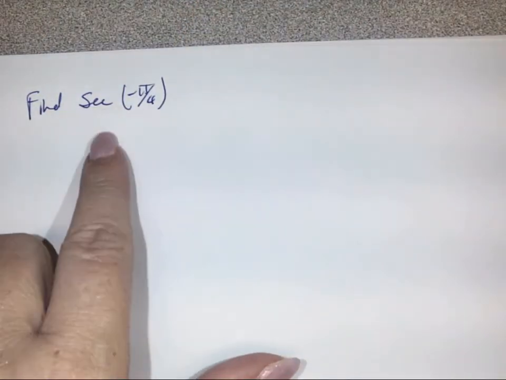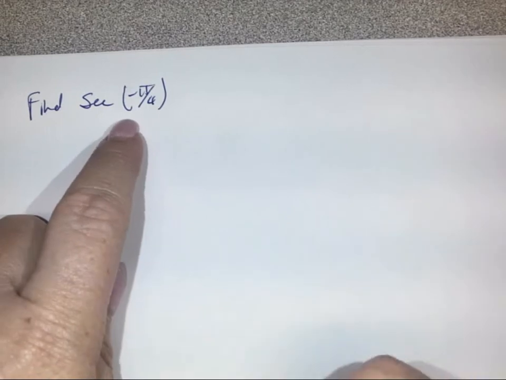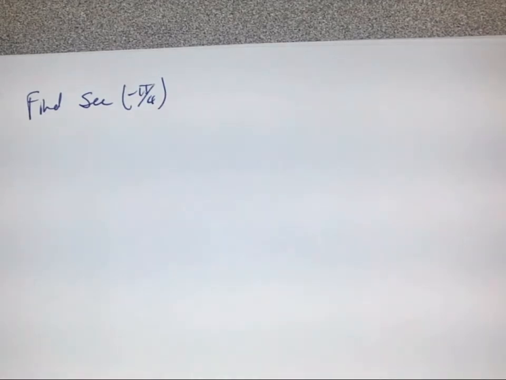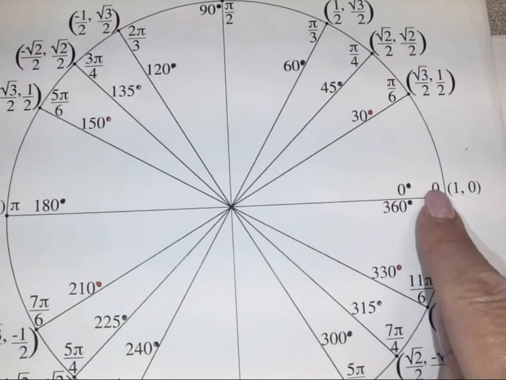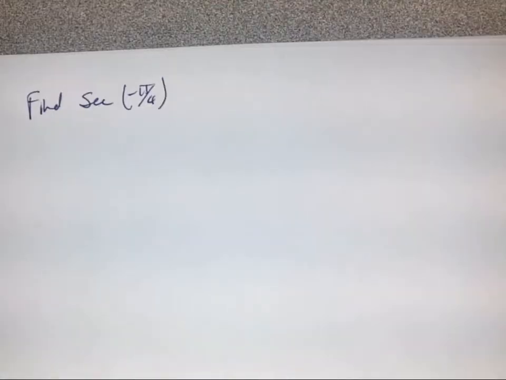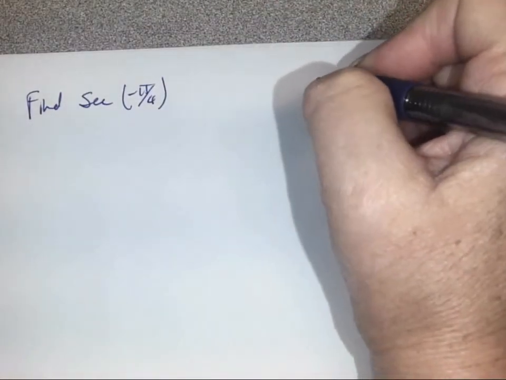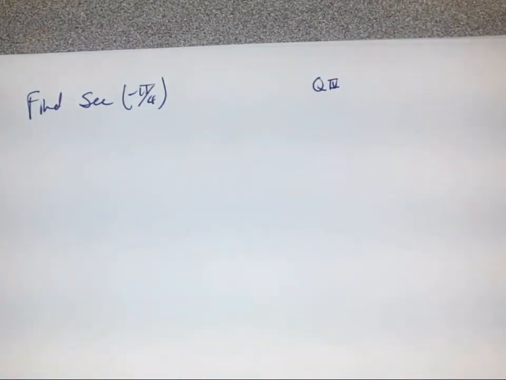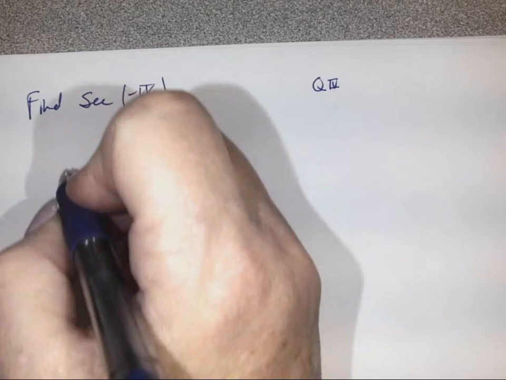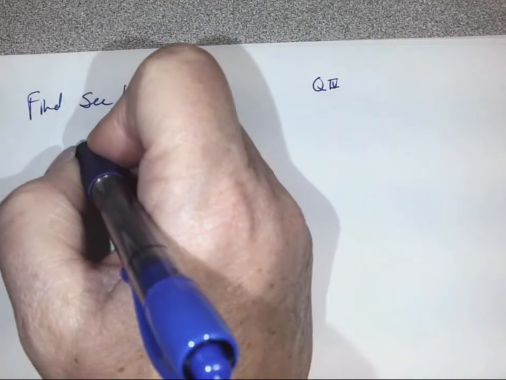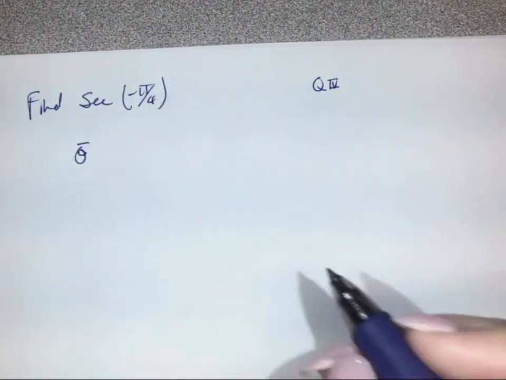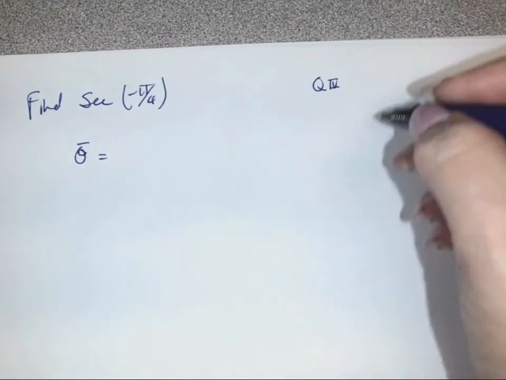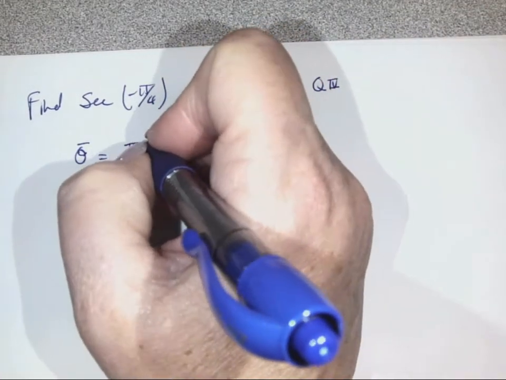Well, now when it's a negative value, we know we're going to go from our standard angle on our circle, we're going to come down. So we know it's going to land us into quadrant 4, because we're going to start from there and go down. Well, the terminal angle for that, our theta bar, is going to be equal to that same distance back up, which will just be pi over 4.